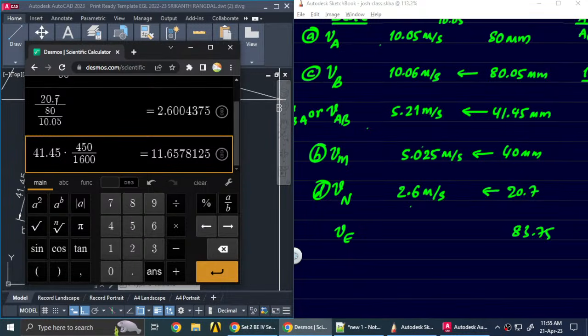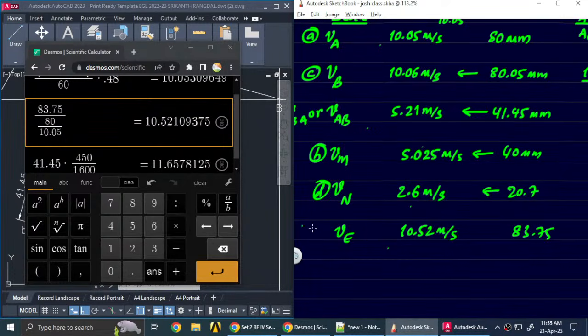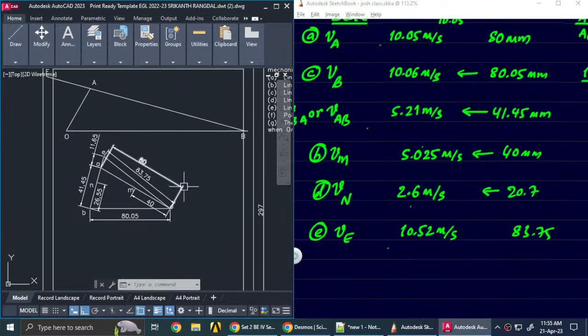This we need to convert again, so 83.75, so we're getting 10.52 meter per second. That is the velocity of E.